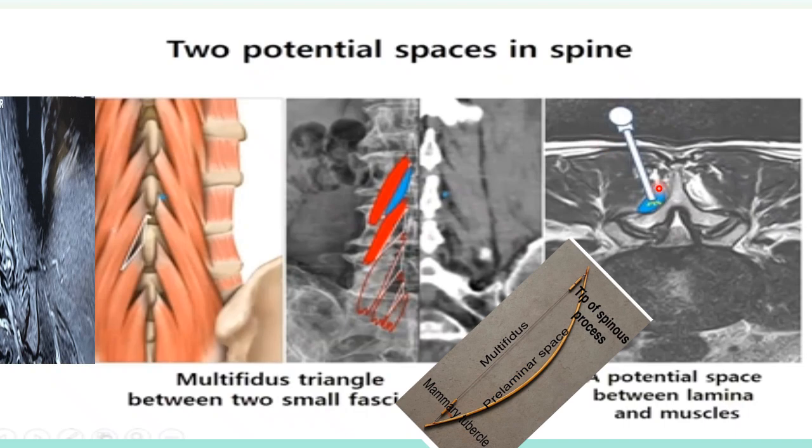So we join this interfascicular space and this prelaminar space through the power of a semitubular retractor and hydrostatic pressure of water. That is very important to enlarge and make an initial working space here. And after we get some space to work our instruments and scope, then we drill this bone, and then the space is wider, and that is known as the actual working space.